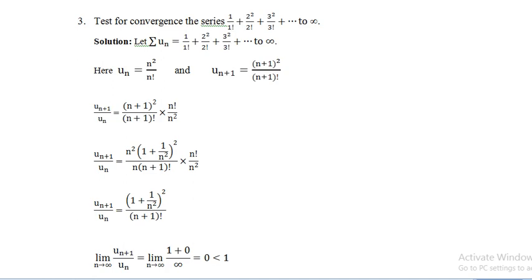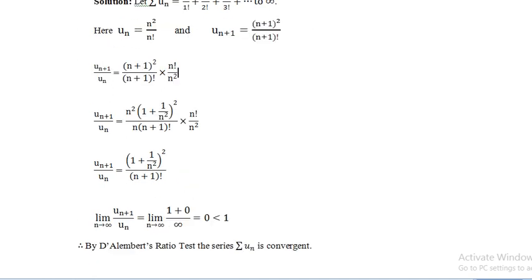Then in the denominator we have n plus 1 factorial, then n factorial and n square. So cancel n square, n factorial and n factorial. The remaining terms are 1 plus 1 divided by n, whole square, divided by n plus 1 factorial.